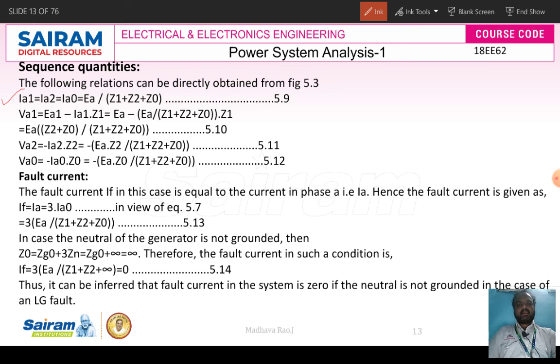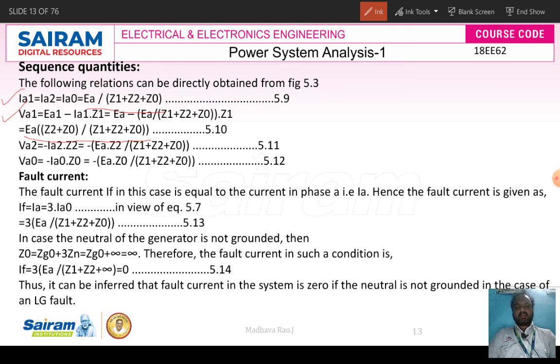So that is EA by Z1 plus Z2 plus Z0. That is the one thing. So VA1 is equal to EA1 minus IA1 into Z1. So finally you will get EA into (Z2 plus Z0) by (Z1 plus Z2 plus Z0).